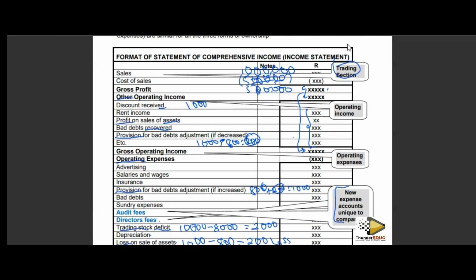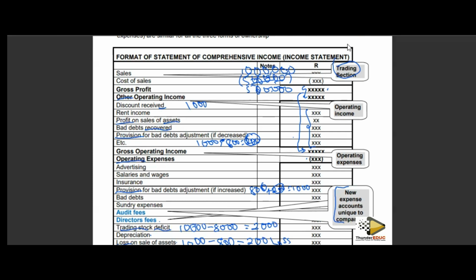Now, after adding all our figures, after entering all our amounts, again, look at this box. The thick line, this black line, this dark line. So what do you see? We are adding all the expenses in here, okay? Then we get one figure and we put it here on top. And then we put it in brackets.